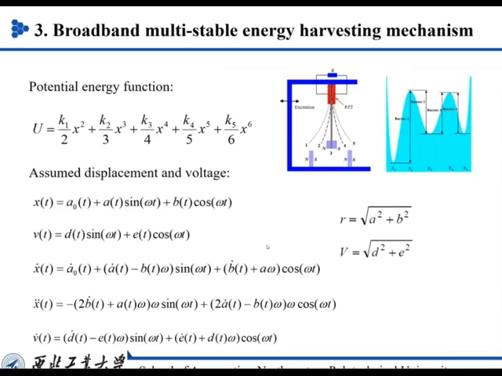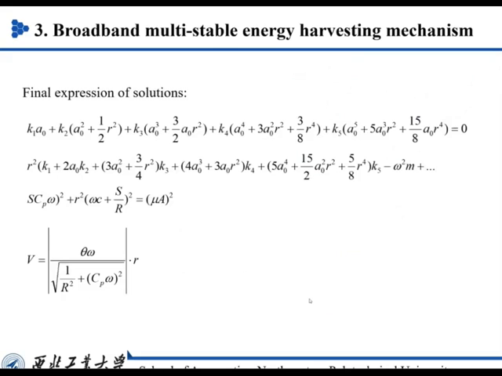Okay, for the potential energy function, we get this. We assume that the displacement and the voltage have very slowly varying coefficients, so x and y can be expressed in this way, and we can get the final solutions.